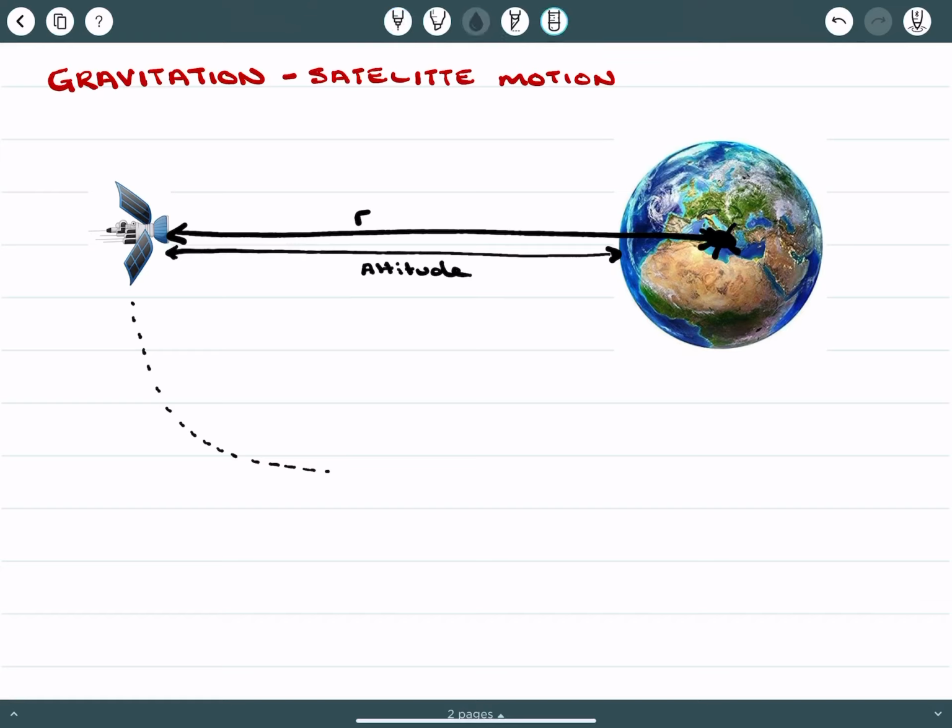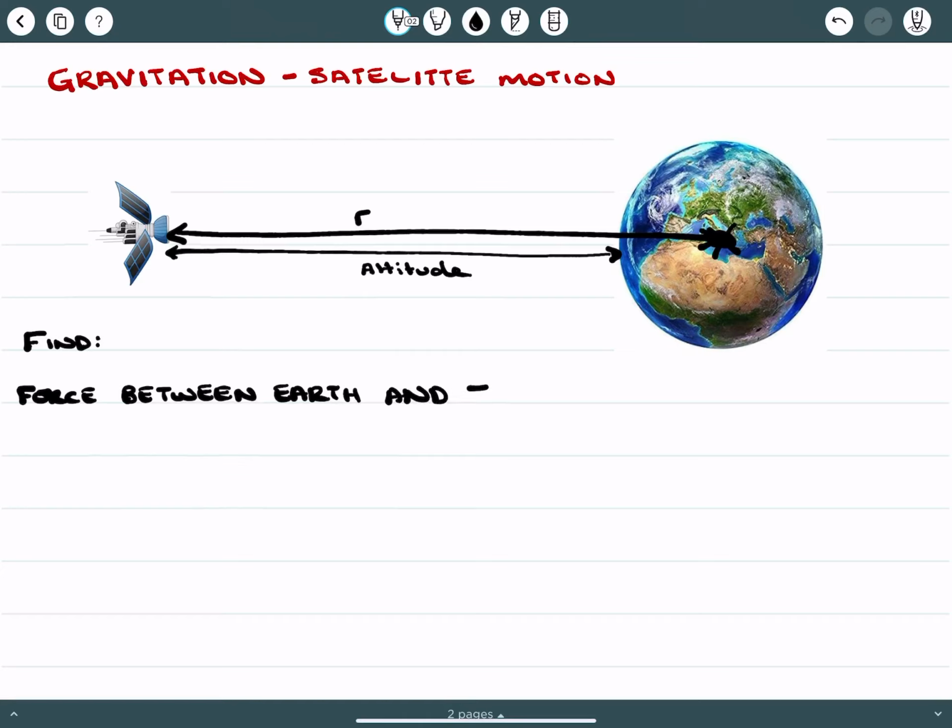So what I'm going to ask us to find in this example is a couple of things. So we want to find the force between the Earth and the satellite.